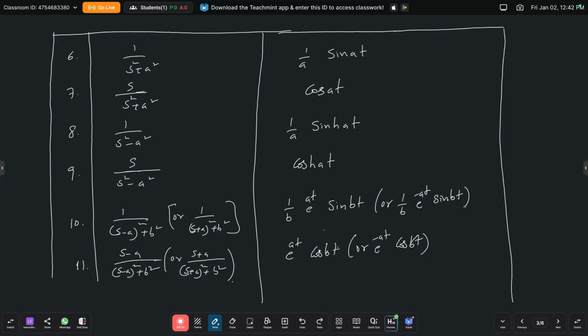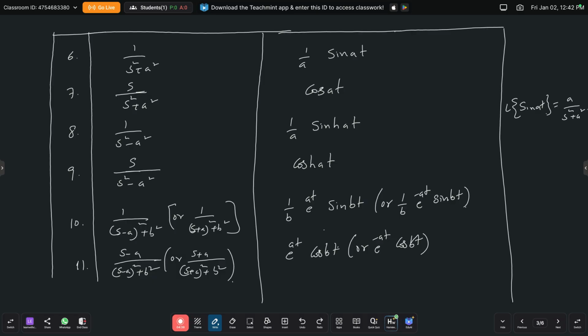Next, 1 by s square plus a square. L of sin at formula is a by s square plus a square.